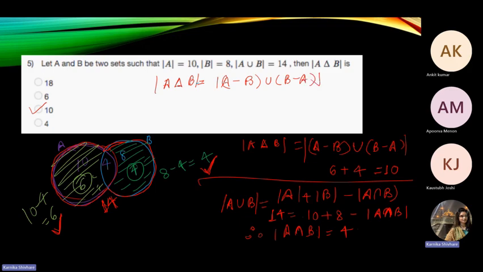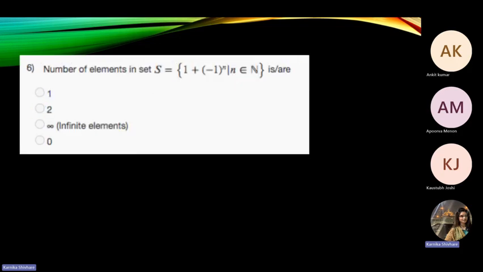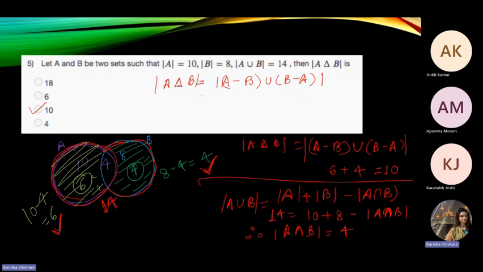So we have to identify the number of elements in the set A minus B union B minus A. How can we identify that? A minus B means elements which are in A but not in B.